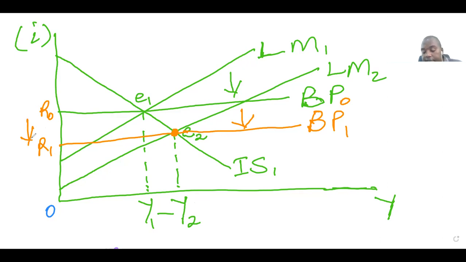The interest rate will decline. But basically, these are the policies which can be implemented by government in a bid to address a situation where the general equilibrium has been disturbed within the Mundell-Fleming framework.